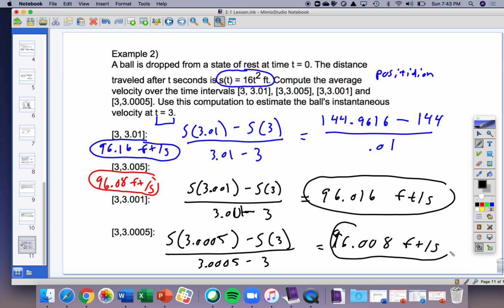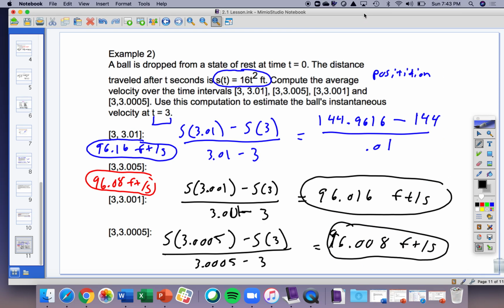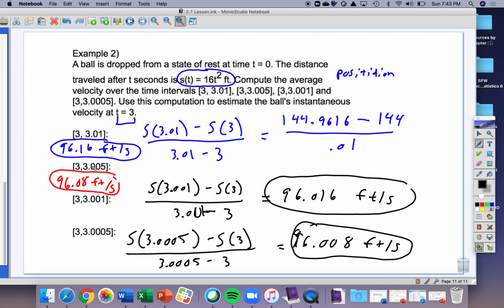Okay, so again, our job is to use it to best estimate the instantaneous velocity. I would use this number right here, or if you wanted to go all the way down to 96. So if you look at this and you make a conclusion, you said, you know what, all of these numbers are getting really, really close to 96 feet per second.